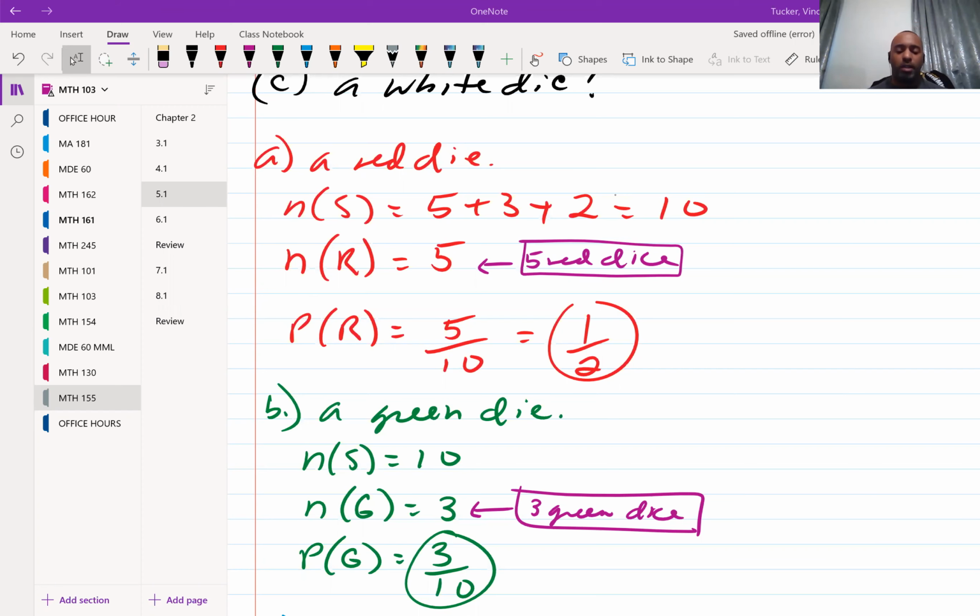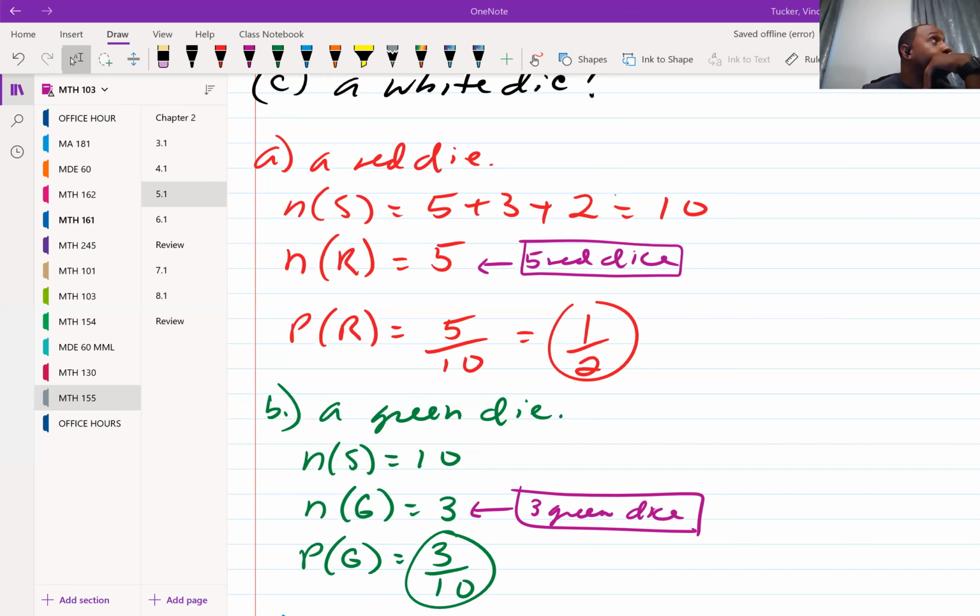I remember somebody in the class mentioned, can your probability use any letter for your event? The S is the one letter that I would say is off limits, because normally S is reserved for your sample space. Sample space represents all of the possible outcomes. So that's the only letter I would suggest not using.